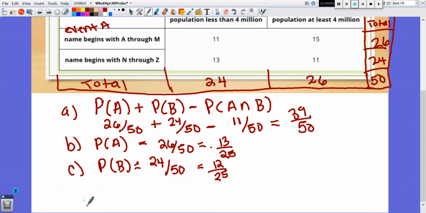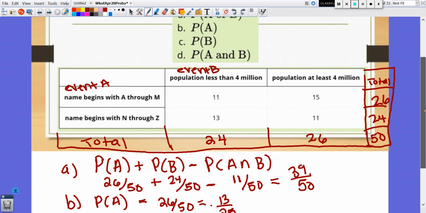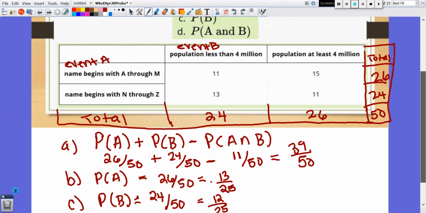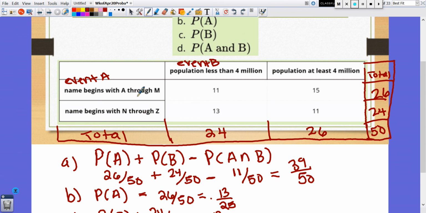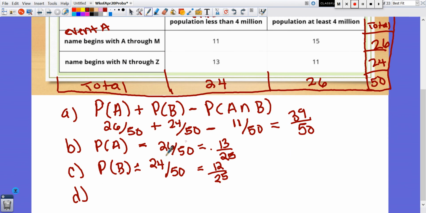And then part D would be the probability of A and B. So the probability that the name of your state begins with A through M, and you have less than a million, so that would be 11 out of the 50. Probability of A and B will equal 11 out of the 50.